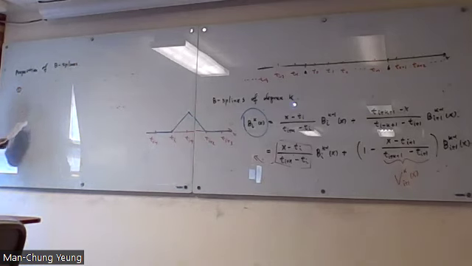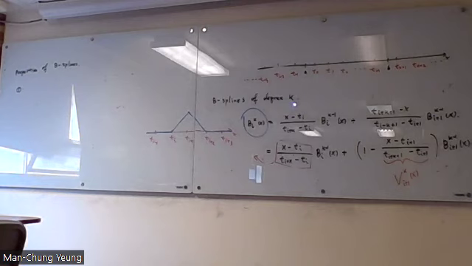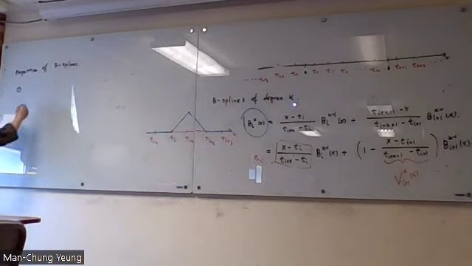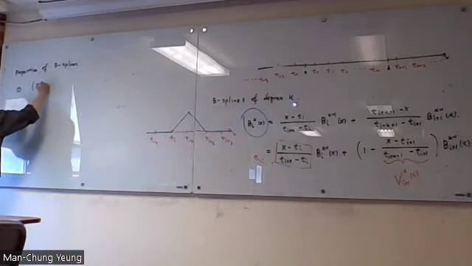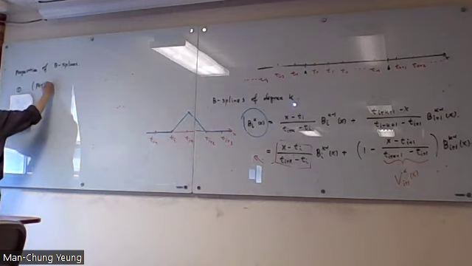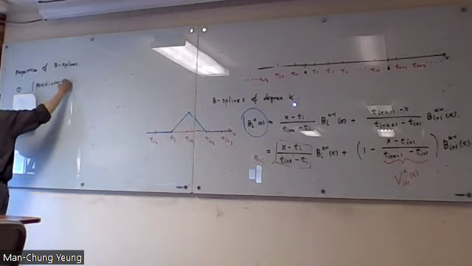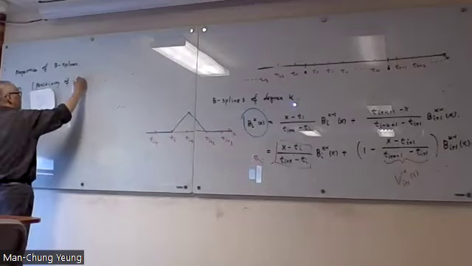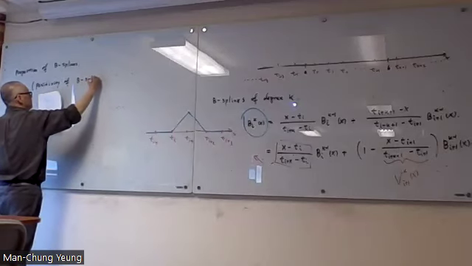Number one. This property is about the positivity of B-spline functions.